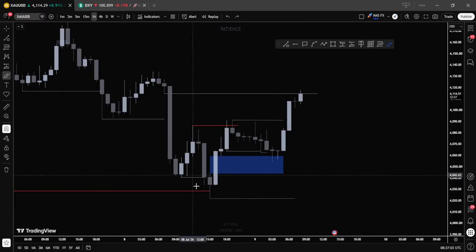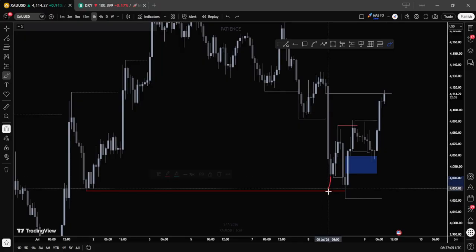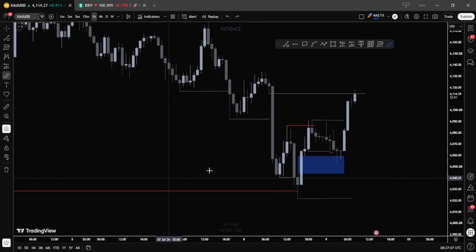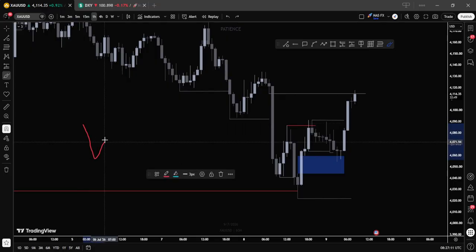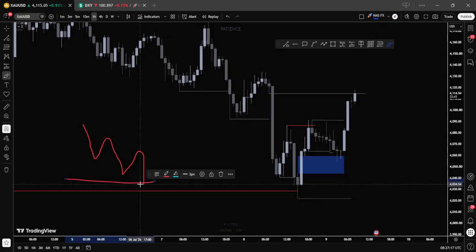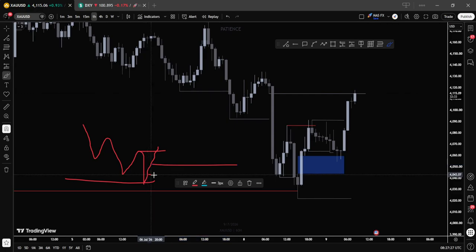After the sweep of liquidity, you can see we had bearish structure leading to that point. After we swept that liquidity, we had the market structure shift which came to take out the liquidity above this high, and then a fair value gap situated right below it.